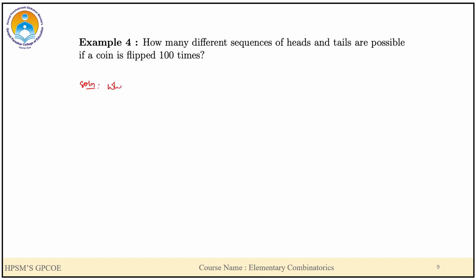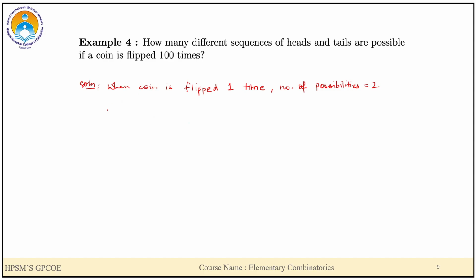So when coin is flipped one time, the number of possibilities is equal to 2, that is head and tail.